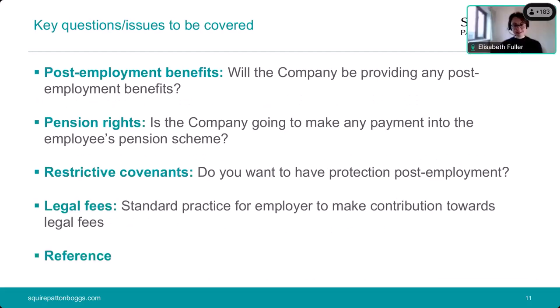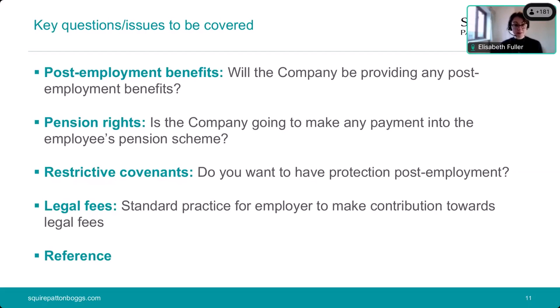Thanks, Hannah. Okay, so other key questions and issues to be considering when you're drafting a settlement agreement include post-employment benefits. So are you going to agree to provide the employee with any employment benefits post-termination of employment, such as the use of a company car, for example, or possibly private health insurance? Are you going to agree to continue providing that to the employee?